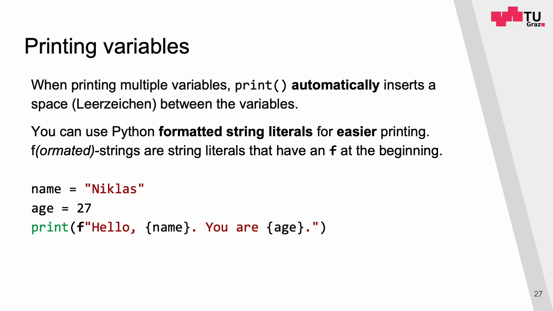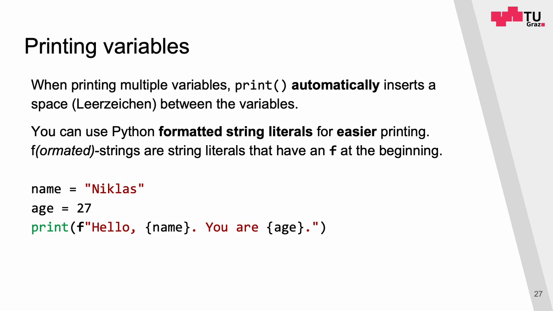As you can see here, there is an F in front of the quote. So at the beginning of the string, there is an F, which represents that the following string is a formatted string. And whenever I want to insert a variable in this string, I put the variable which I would like to print in those curly brackets.